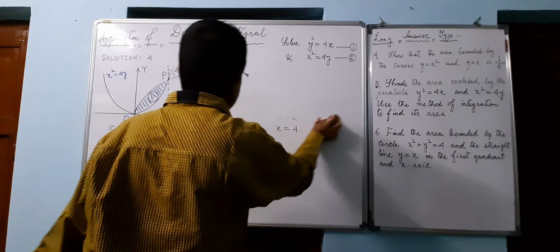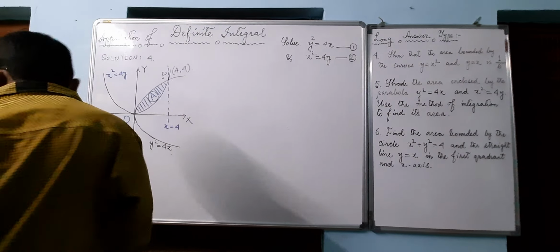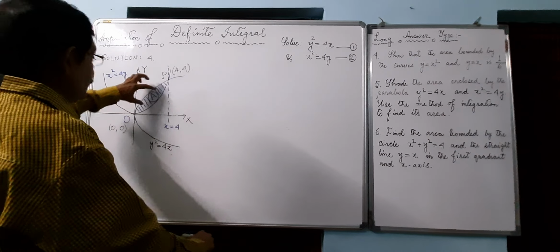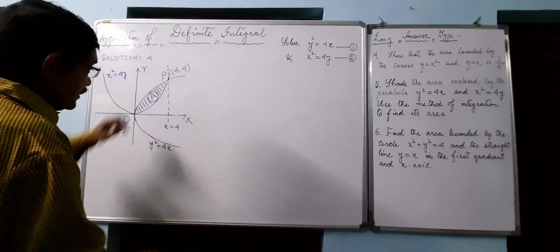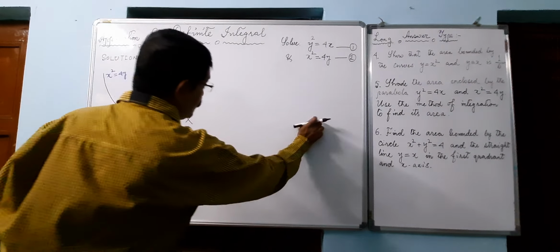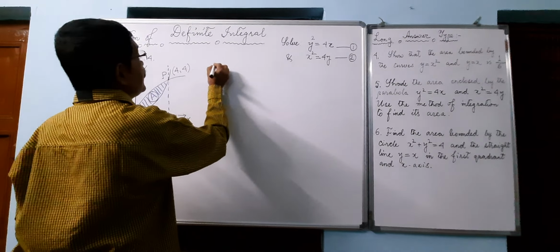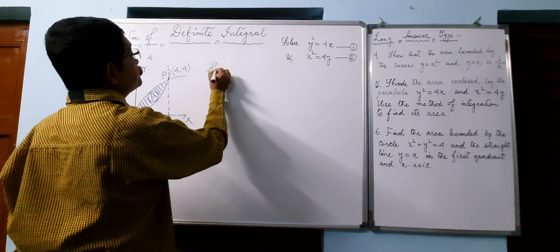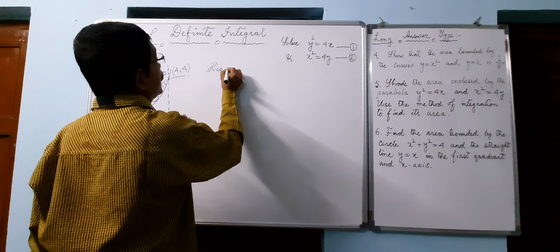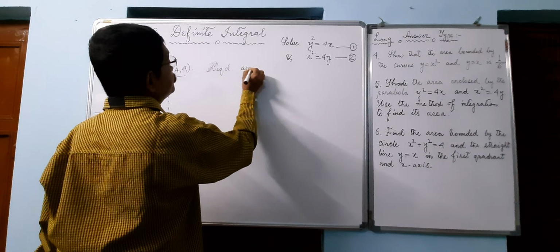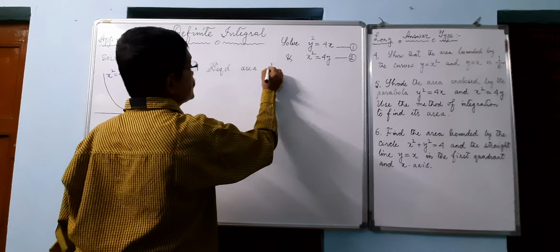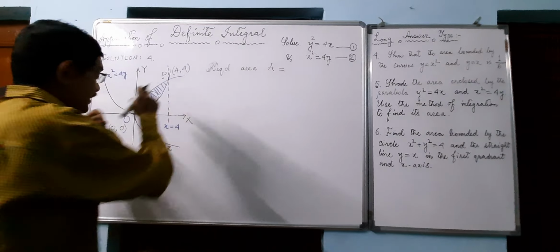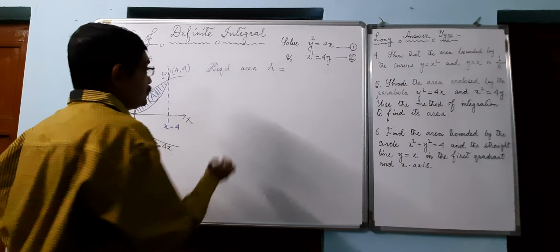The required area A is shown in the figure by the shaded region. So we have to define it first. How do we get this shaded part?